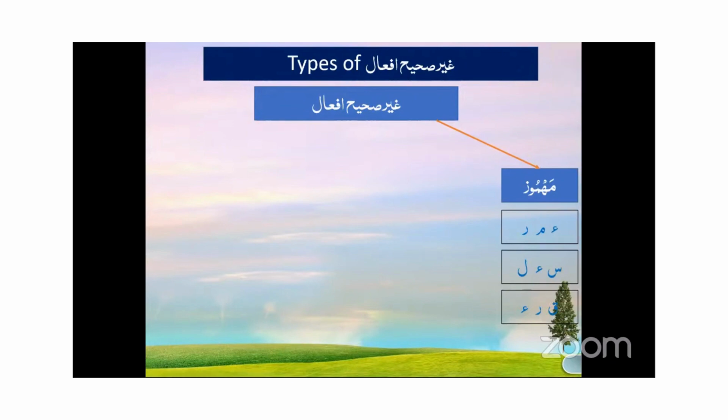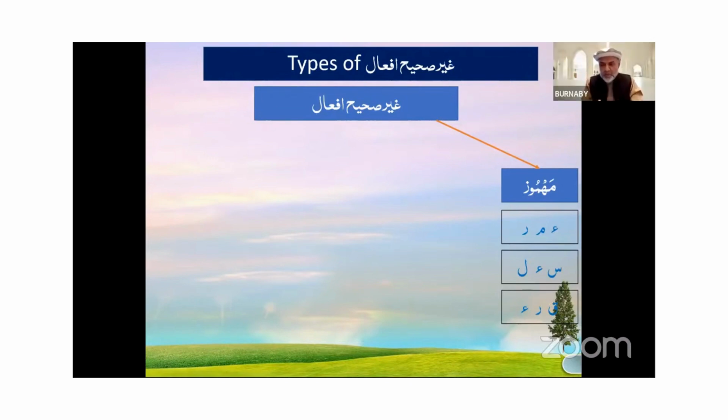These are the three examples I'm showing you. Hamza, Mim, Ra: in this example, Hamza is at the fa position. In Sin, Hamza, Lam, the Hamza is at the ain position. Agree? Qaf, Ra, Hamza: the Hamza is at the lam position. Okay.